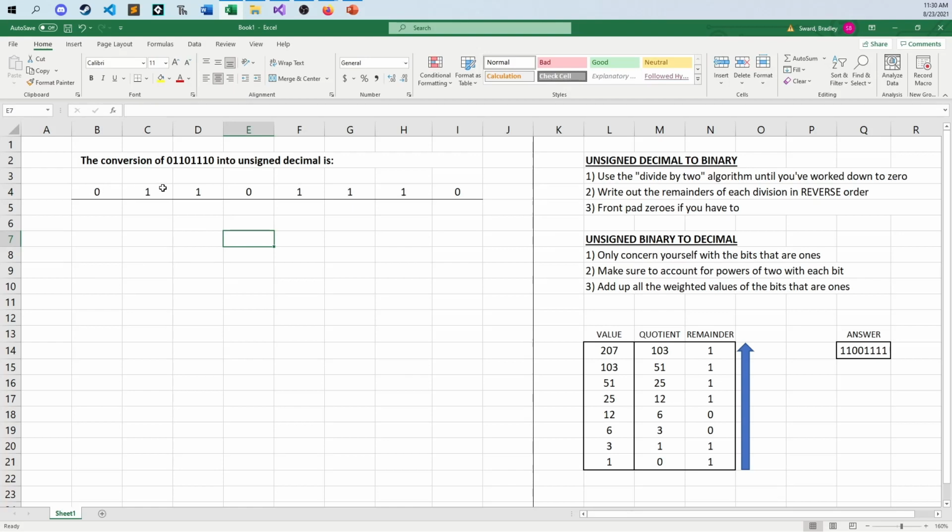And just remember how these digits are all laid out. The digit over here is the ones digit, because it's the least significant bit, and everything else is powers of 2. Just like if I wrote out the number 207, you know that the 7 is the ones digit, the 0 is the tens digit, and the 2 is the hundreds digit, and you go, oh, that's 207.